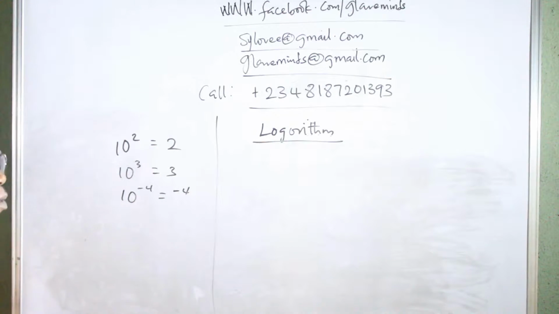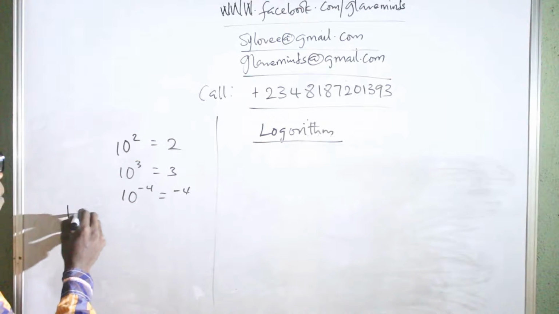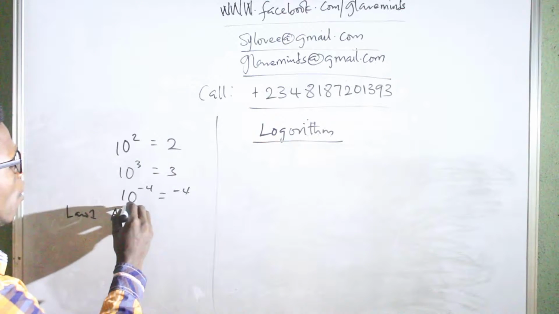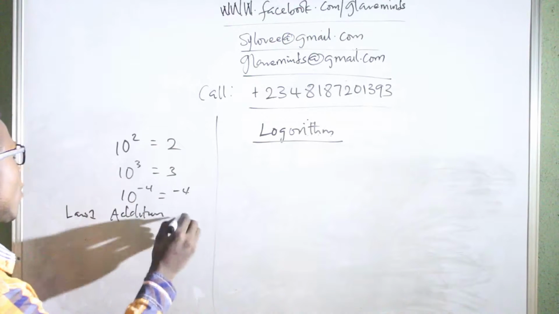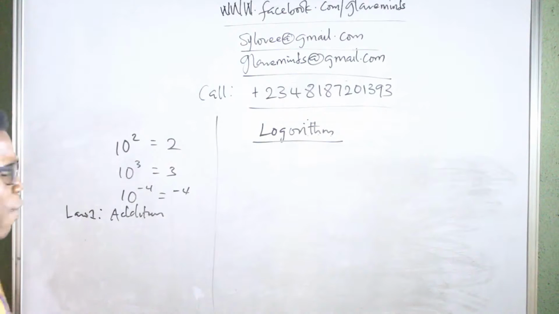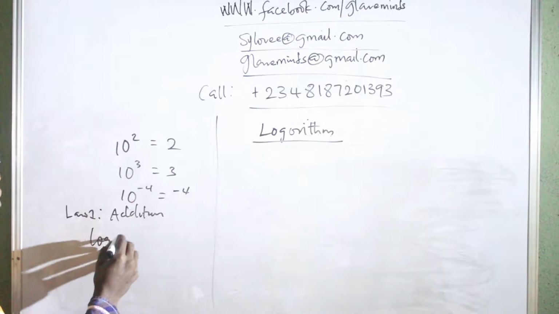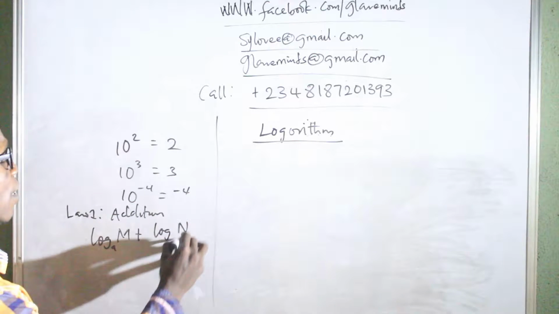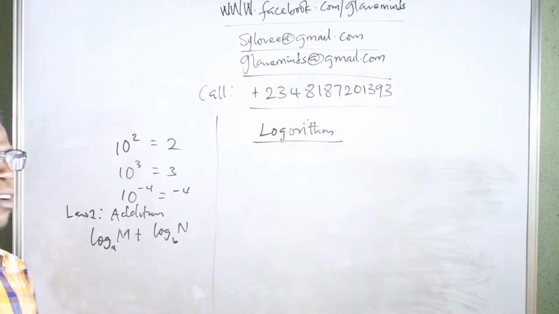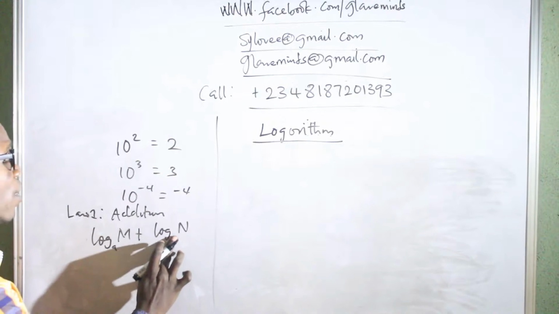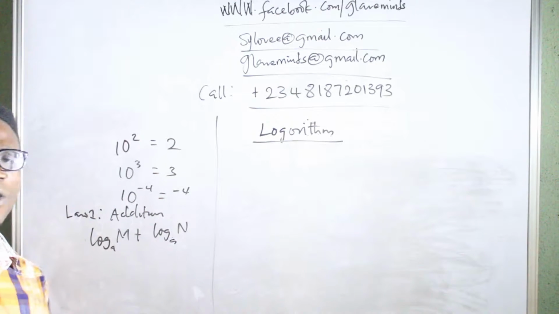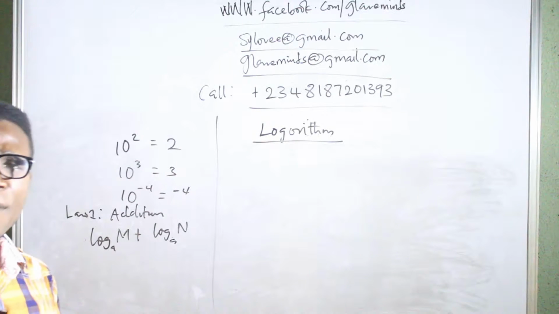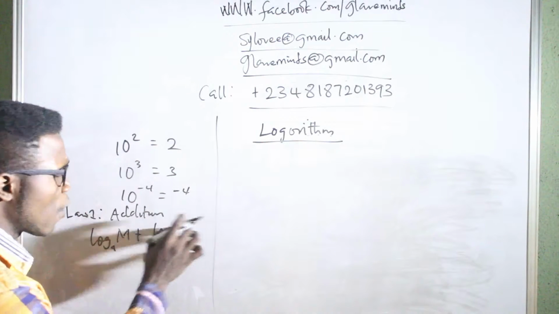The first law is the one we're going to talk about today, law 1, which is called the addition law. In the addition law, if you have log m base a plus log n base a, logarithms have the same base but different numbers.